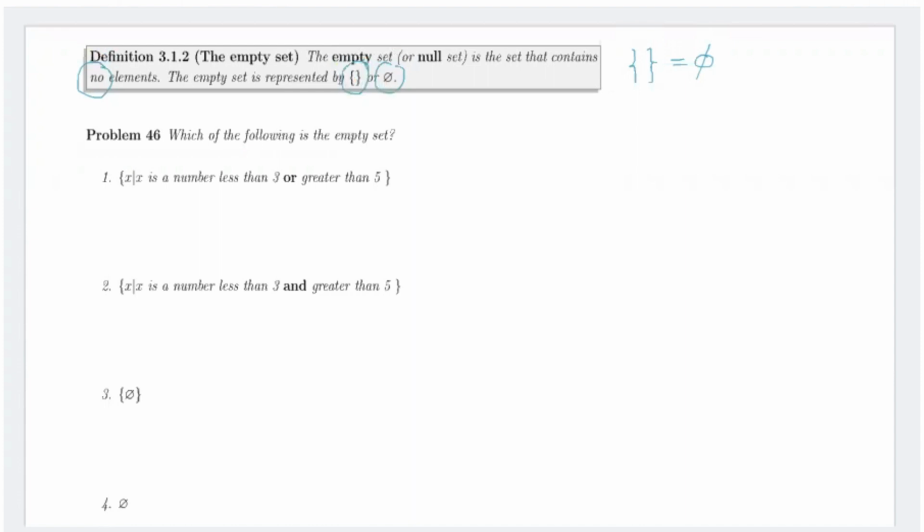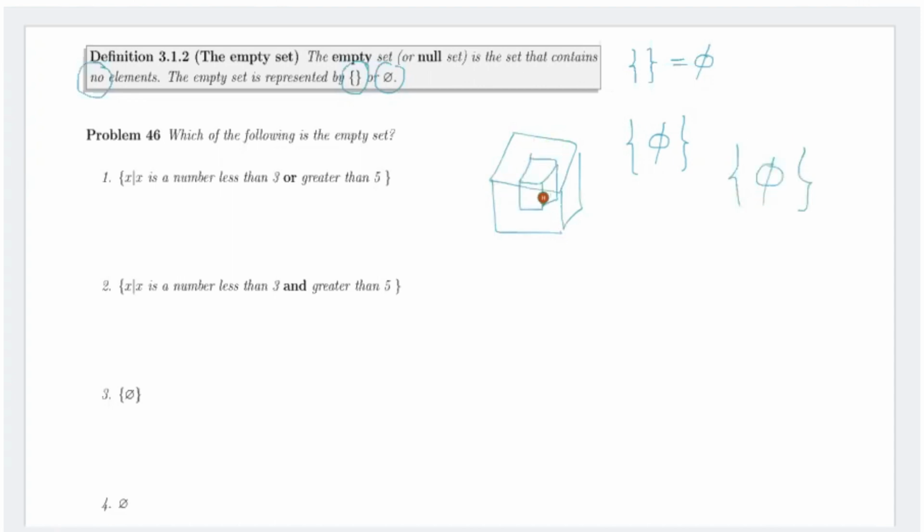Now here's a question. Suppose I have an empty set, and then you are writing in fancy notation. I write it like that. Is this the empty set? So I have a box, that's a set, right? And this is another box. I have an empty box sitting inside of a box.